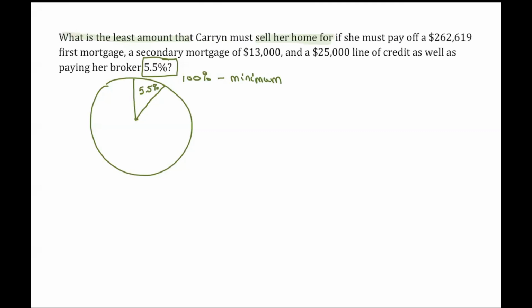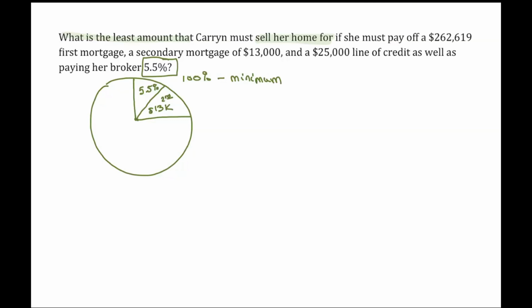Now we need to know what other monies this seller needs to get. So according to this problem, what other monies does this person need? They have a secondary mortgage of $13,000. What else do they need to collect from the sales price?